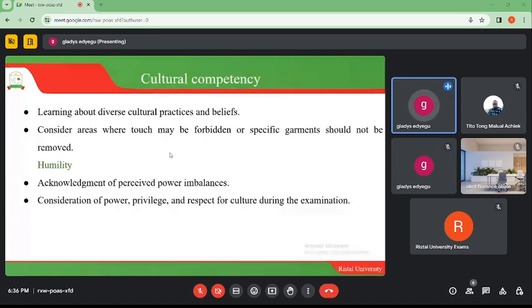No, humility is basically you doing the right thing in the right way and the way you present yourself in a respectful manner to whoever you are attending to or whoever you are providing the service. Then consideration of power, privilege, and respect for culture during examination. So you should look at all this.